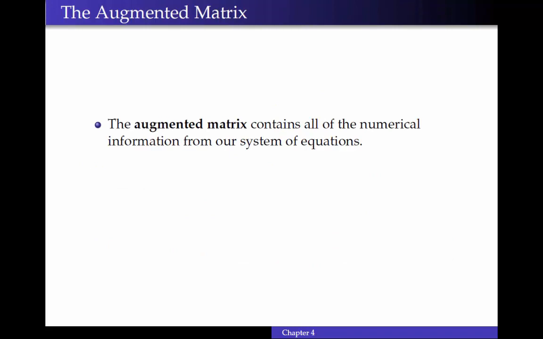And what we're going to use is called the augmented matrix. And this is going to contain all of the numerical information from a system of equations. So all of the coefficients and the right-hand side values. All of the things that are numbers, not unknowns.